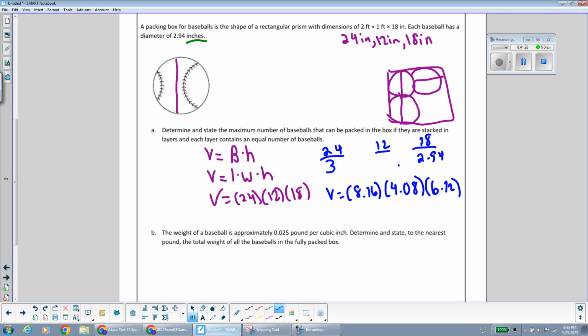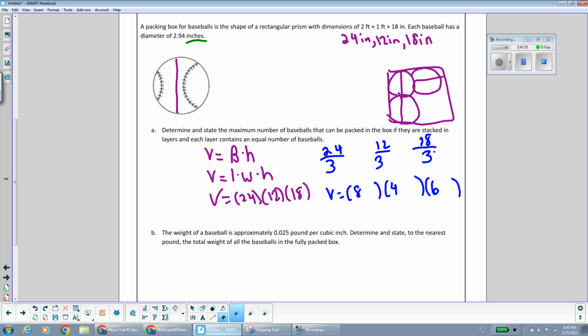So 2.94 rounds up to 3. There we go. Now when we divide, that would be 8. That would be 4. And that would be 6. So now let me multiply together.